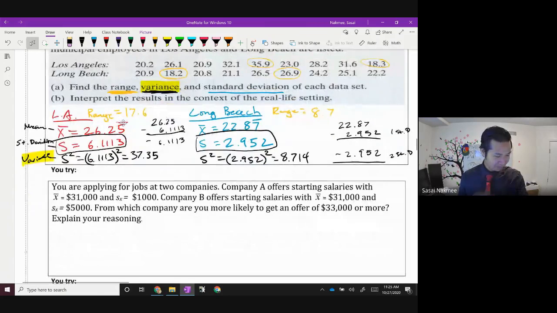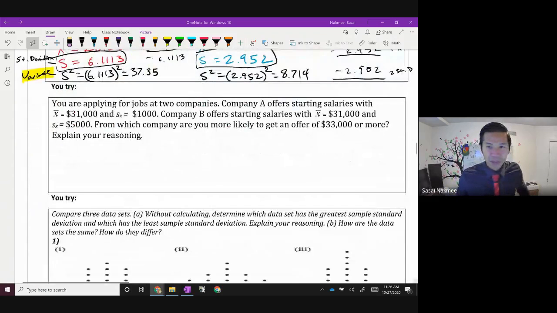All right, let's keep going with your notes, guys. Okay. So I'm going to put this one as a poll. Instead of answering on the Pear Deck for this next one, I'm going to have you answer as a poll on the Google Meet. Do you see the little button with the triangle, square, and circle? I'm going to put it as a poll here, and you're going to vote which company is better.